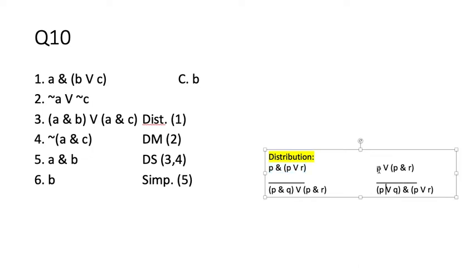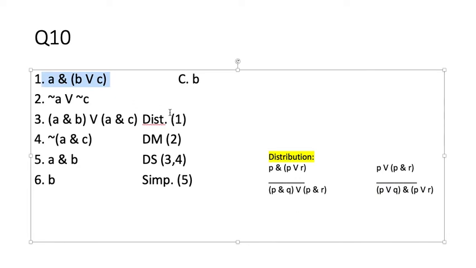And then the version on the right-hand side enables me to convert a disjunction like this into a conjunction like this, and vice versa. These rules are super handy, right? Because if you have a conjunction, it enables you to turn it into a disjunction in order to then use disjunctive syllogism on it, which is what we did here. We had this conjunction, we turned it into a disjunction, and then eventually we used disjunctive syllogism on it.